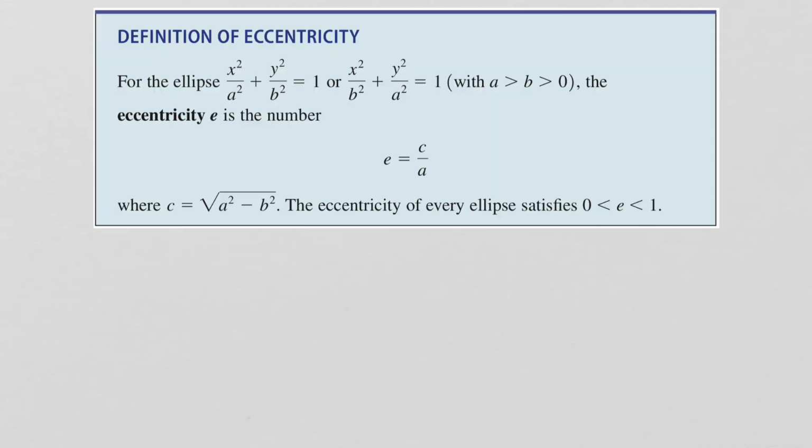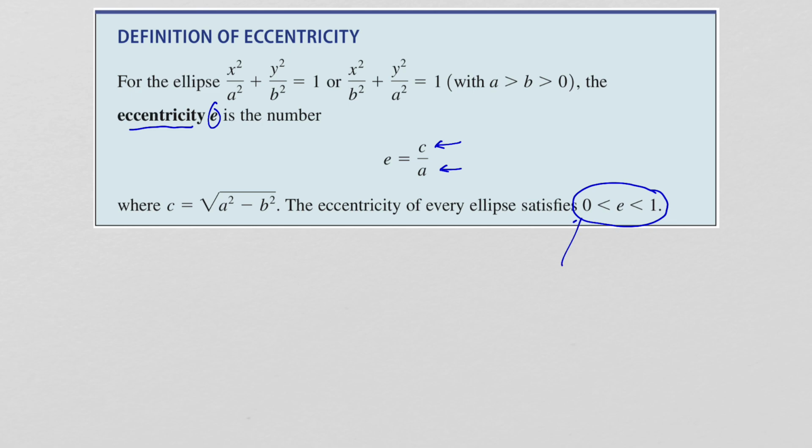Next, we have a definition of something called eccentricity. Every ellipse has a number that they call E, which stands for eccentricity. And E is defined to be C divided by A. Now, this will always give you a number between 0 and 1, and it tells you about the shape of the ellipse.